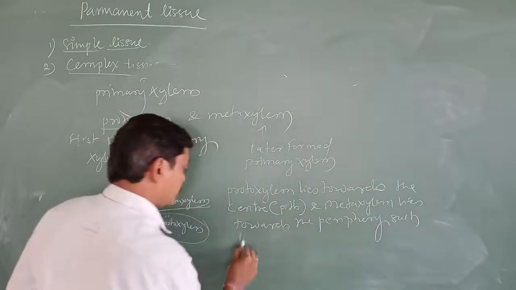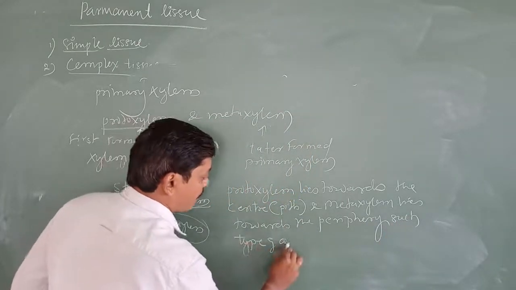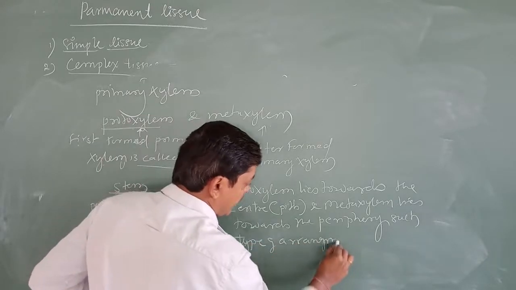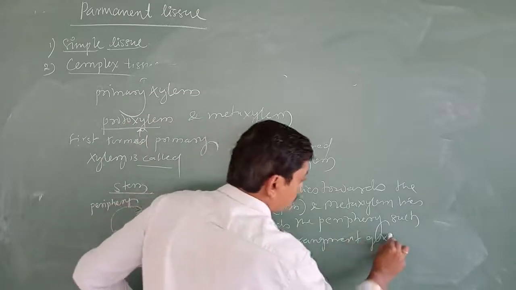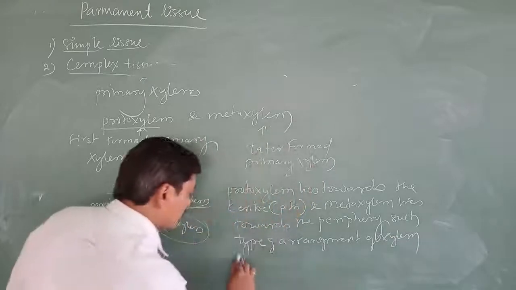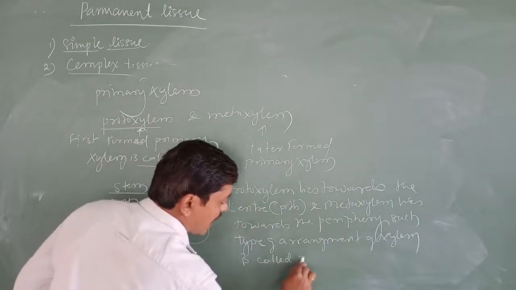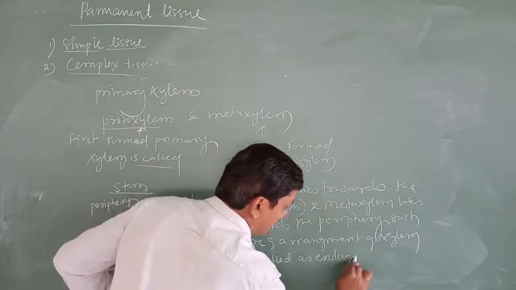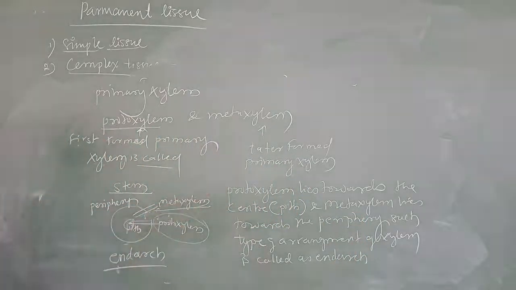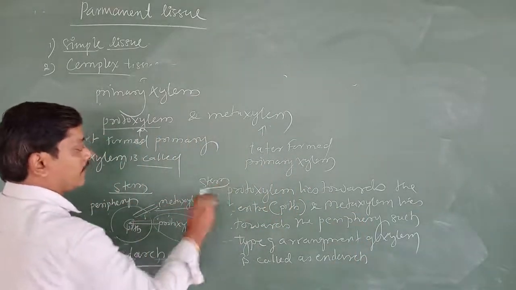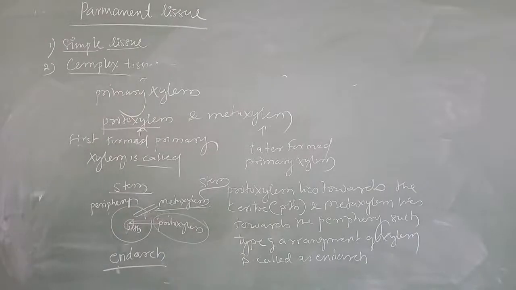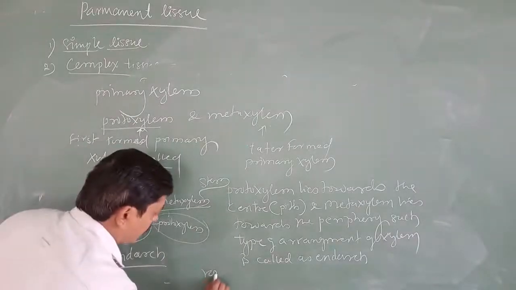Such an arrangement of xylem is called endarch, and this is in stem. Understood?